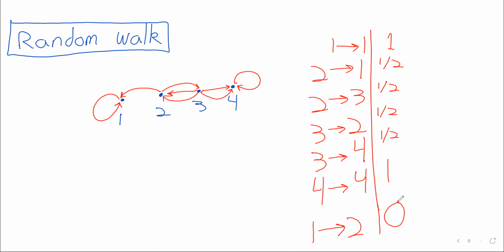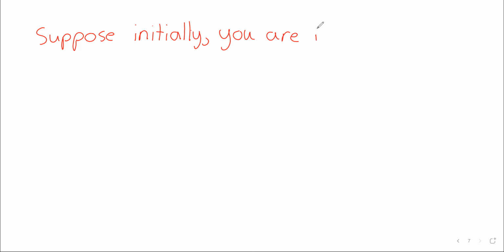Let's ask the question. Suppose that initially you are in some randomly selected state.